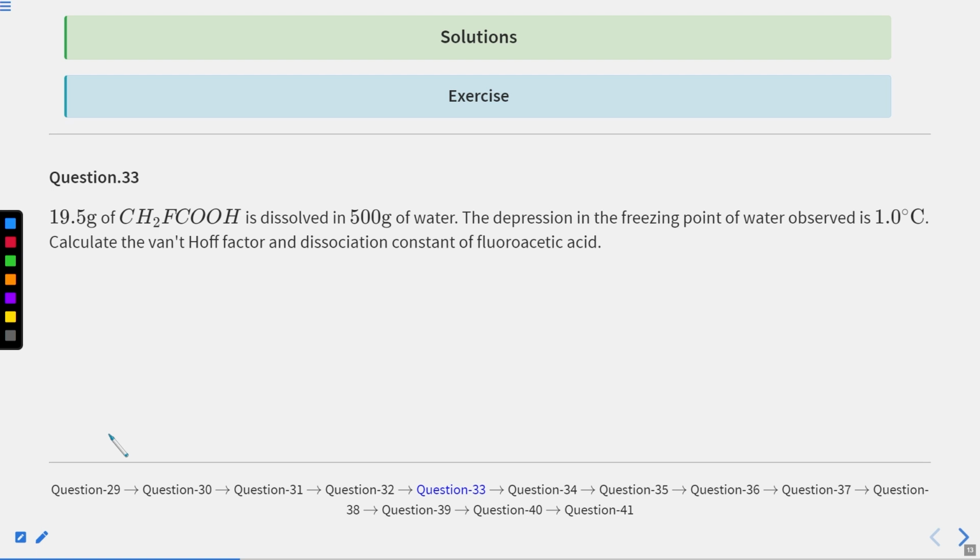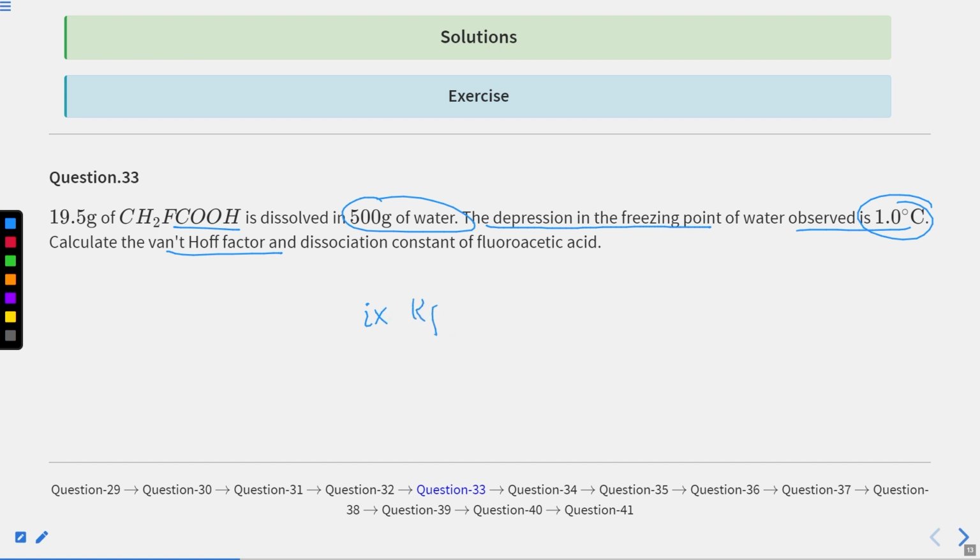Next question says that 19.5 gram CH2FCOOH is dissolved in 500 grams of water. The depression in the freezing point is 1 degree Celsius. Calculate the Van't Hoff factor. So let us assume that the Van't Hoff factor is i, and Kf we have seen previously.